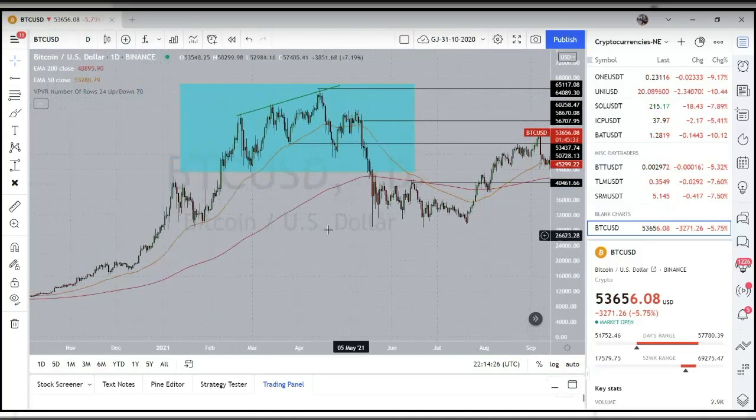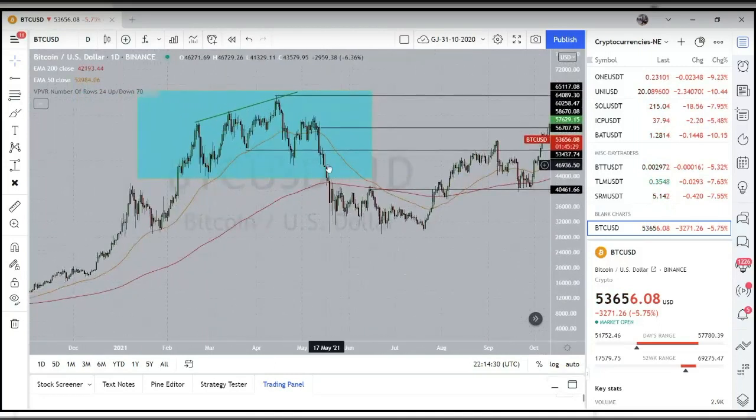What I like to do is preempt it. So when I'm seeing the market contract and the EMA move nearer towards the 50 EMA, that's kind of like a sell signal to me.